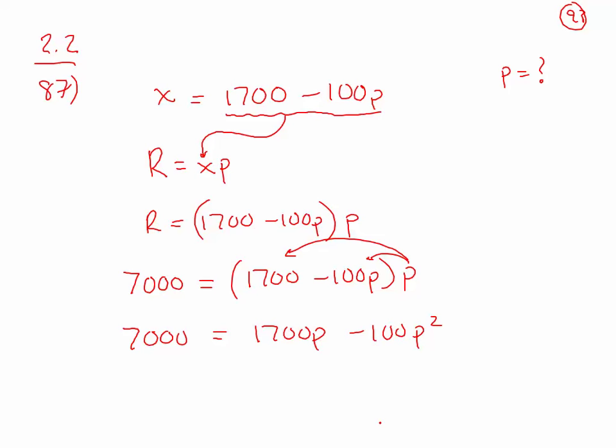All right, it's probably easier to move the 7,000 over, but I'm going to have this little negative 100 here, so I don't want that. Let's move everything over this way. So I'm going to move the 100p squared over here. Move the 1700, it will give me a negative 1700p. 7,000 is already there, but now I have it set equal to 0. All right, greatest common factor.